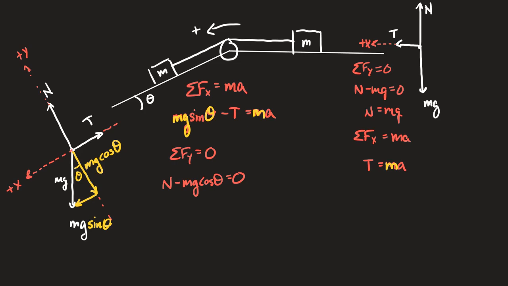Because these two equations then both have two letters that can't be in our answer. Those are the unknowns. This is two equations with two unknowns. We need to find a way to get the acceleration and the tension. I'm going to do the acceleration first, but I'll point out I can't just divide this by m and say that that's my answer.